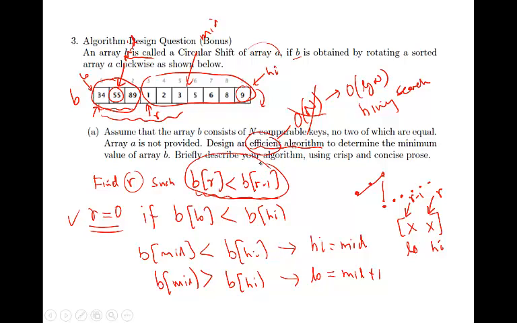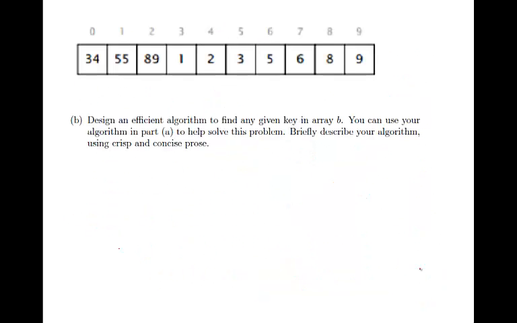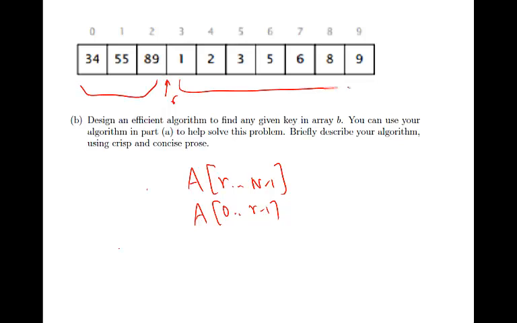As you can understand, this can be done in log n time because it's just a binary search. The second part of this is that once you identify what R is, then you have two arrays: the array from index R to n minus 1, and the array from index 0 to R minus 1. So this side of the array and this side of the array.